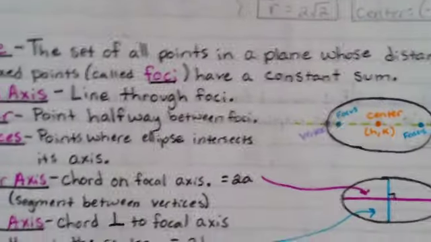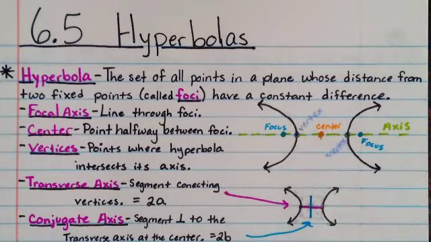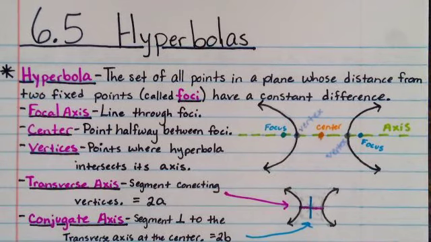Ellipse, it was the set of all points in a plane whose distances from two fixed points have a constant, there's the one different word, sum. Having a constant sum or a constant difference, that's what makes the difference between hyperbolas and ellipses by definition.